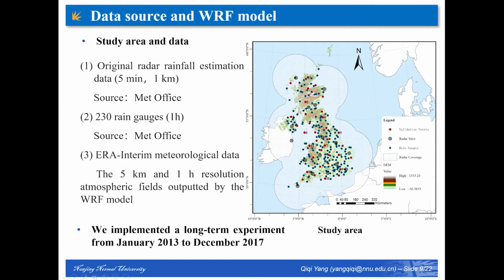Secondly, the data source and the WRF model. Our study area covers most of the UK, as shown in this figure. Our study data include the original radar rainfall estimation data, with a resolution of 5 minutes and 1 kilometer, sourced from the Met Office, and more than 200 rain gauges data with a resolution of 1 hour, which also sourced from the Met Office, and the ERA-Interim meteorologic data.